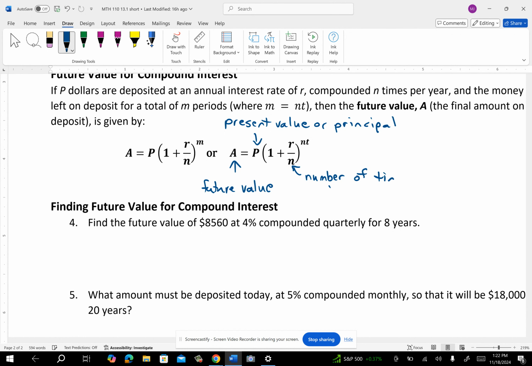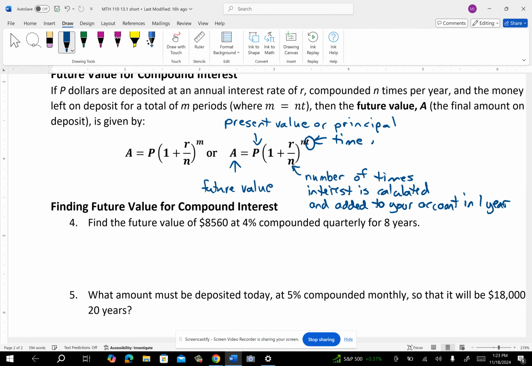Number of times interest is calculated and added to your account in 1 year. So it's the number of compounding periods in a year. And the T is still time in years.